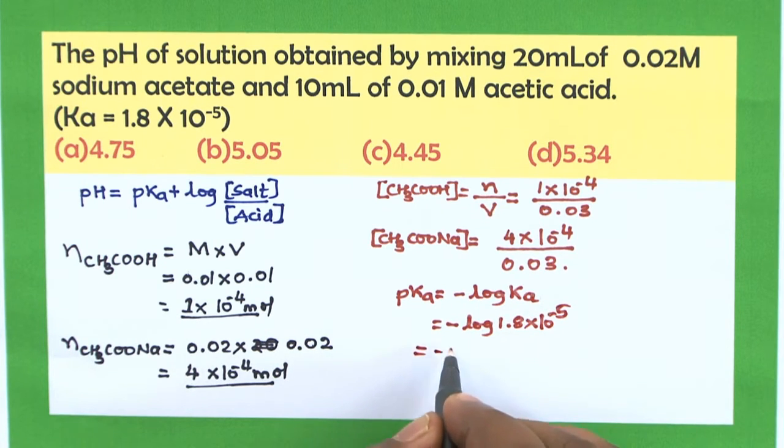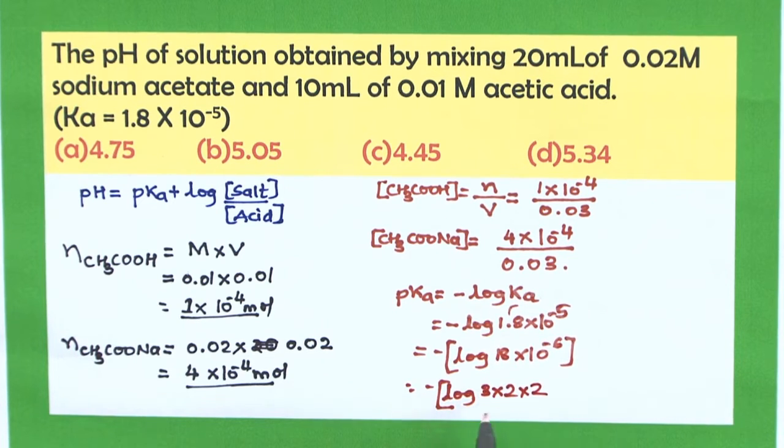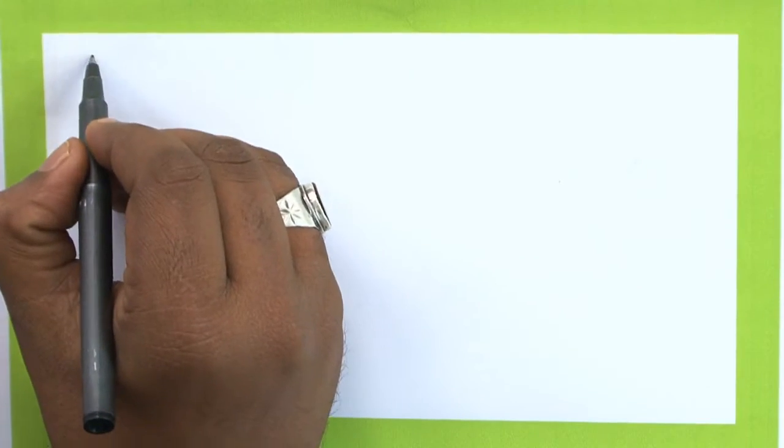I will shift the decimal one digit forward, so it becomes minus log of 18 into 10 to the power minus 6. Log of 18 can be written as log of 3 into 2 into 3, since 3 twos are 6, and 6 into 3 is 18, into 10 to the power minus 6.